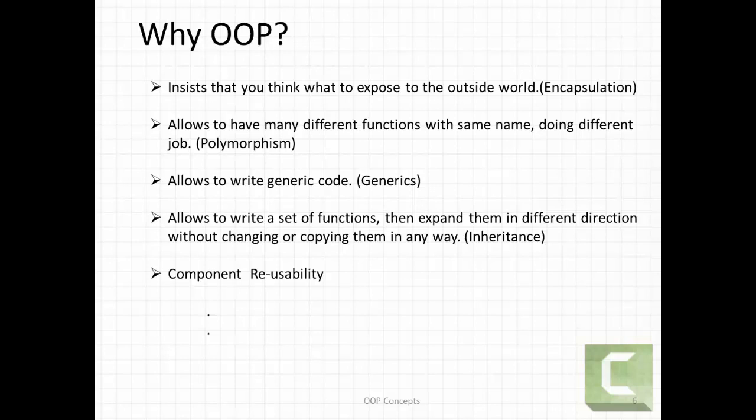It also allows many different functions with the same name doing different jobs. Suppose you have an add method which takes different parameters, such as floats, doubles or strings. Adding two strings means doing the concatenation of those two strings.